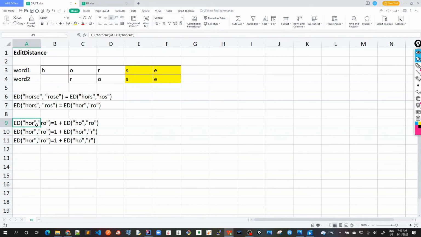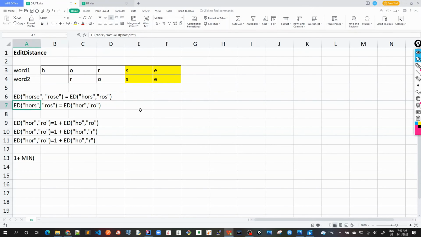So we can generalize that it should be the minimum of all this ED we have derived here: HO and RO, HOR and R, and HO and R. Then we keep proceeding by breaking the problem down using this algorithm.